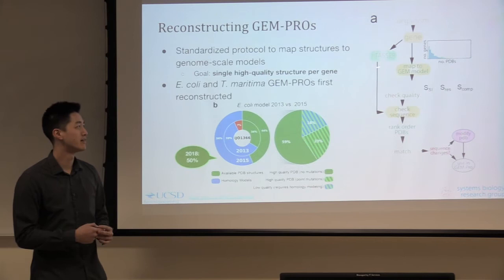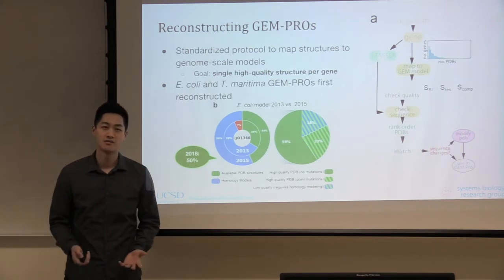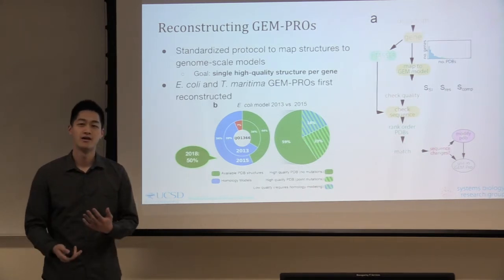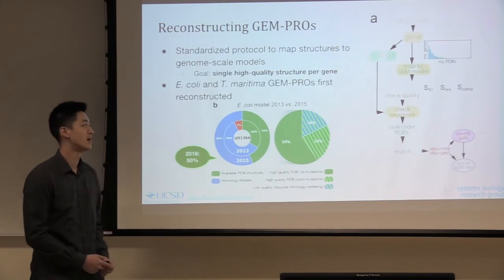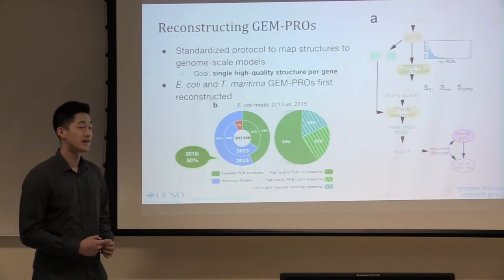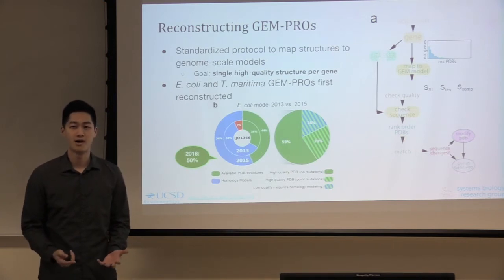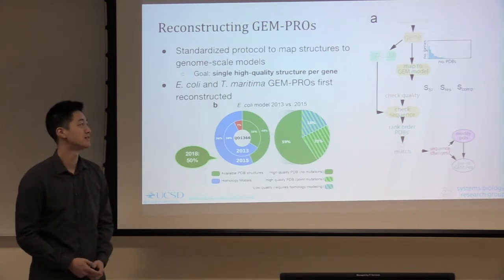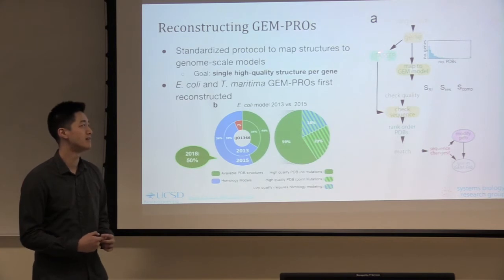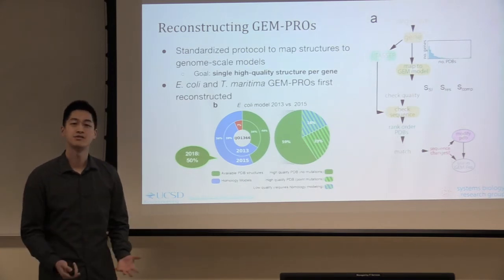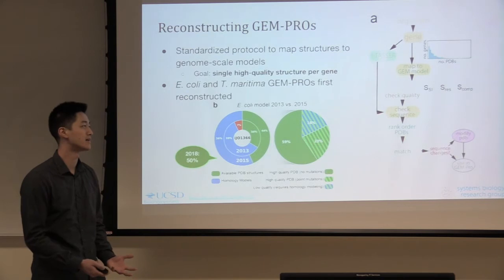If you don't have anything, you go through homology modeling processes to generate structural models for your enzymes. One of the main techniques that we've been using is I-TASSER, but there are a number of other homology modeling pipelines out there that can be used. Once you have that, you have one or many structures to represent an enzyme within your metabolic network.